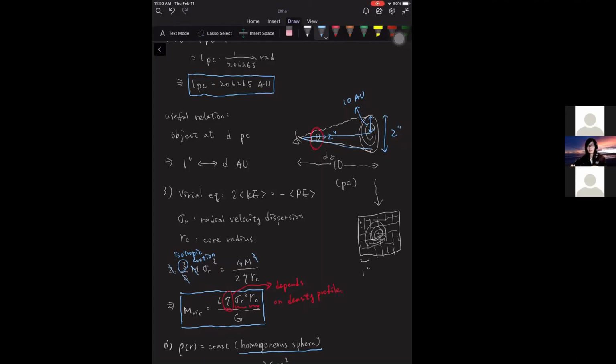It would be theta over 2. It could be anywhere, depending on what you want to look at. If there's a small star forming region over here and I want to focus on just that region, the angle will be different, and that corresponds to the star forming region size. Okay, get it. Thank you.